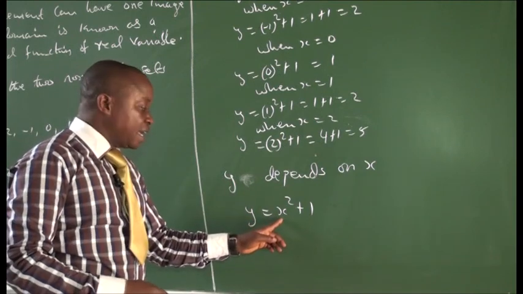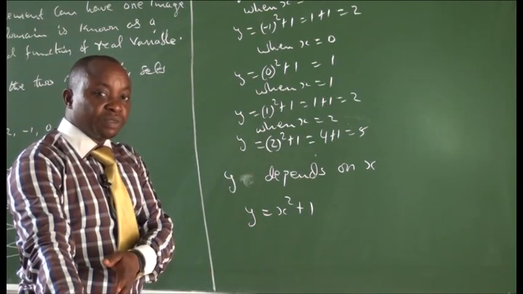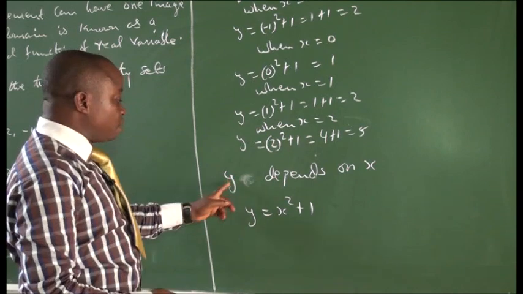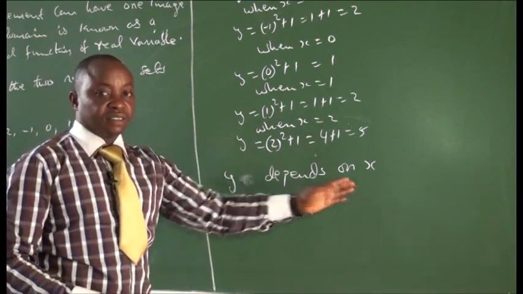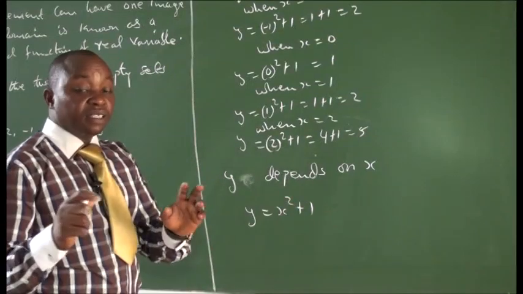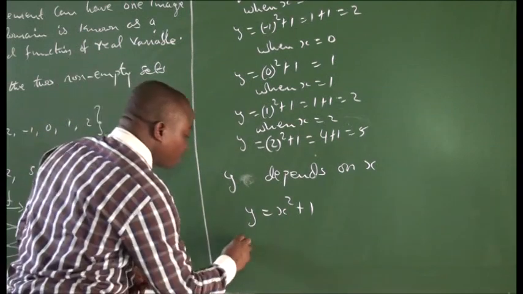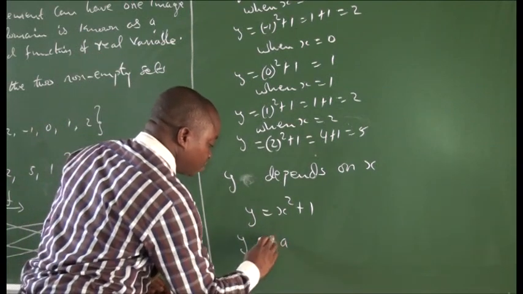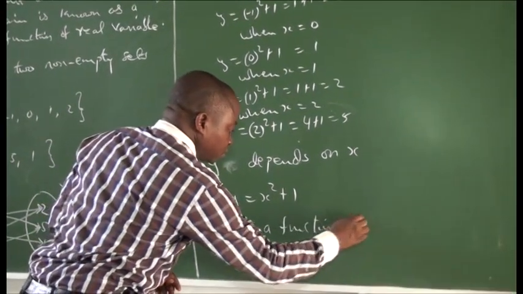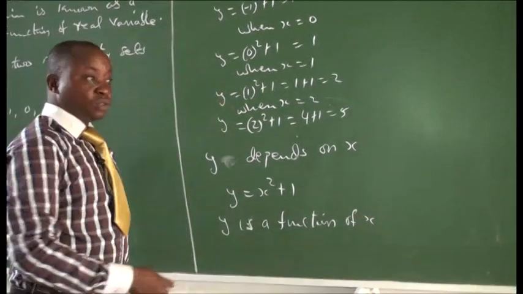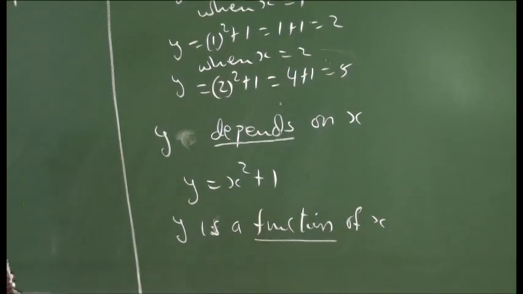The rule x squared plus 1 generates the value of y in the codomain. So here, y depends on x. In mathematics, we will say that y is a function of x.